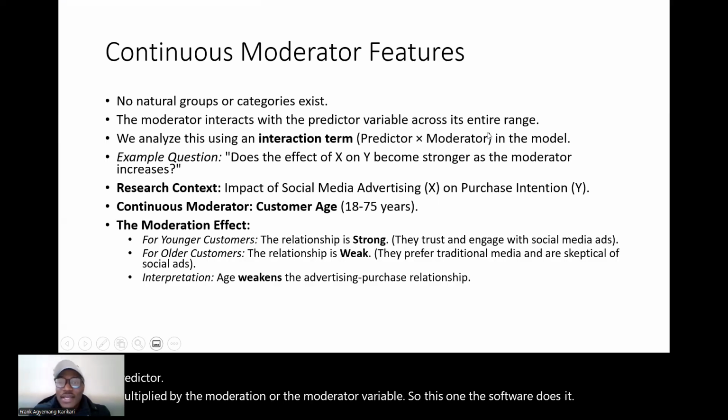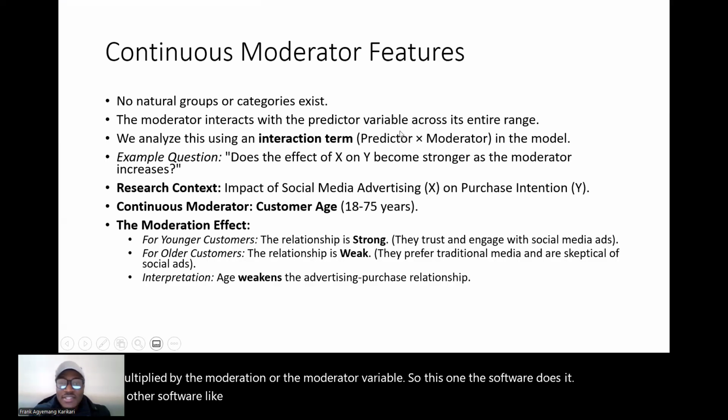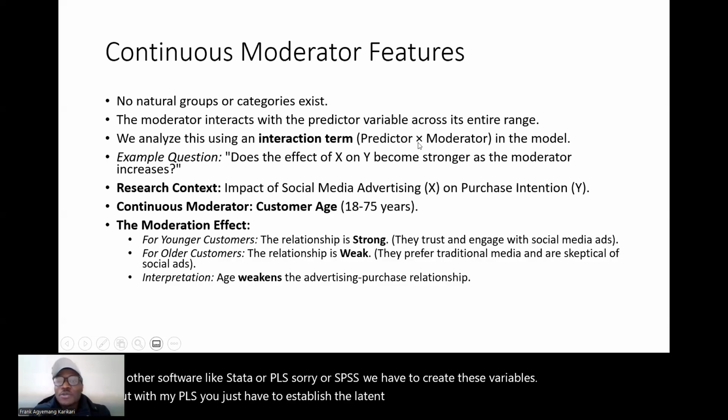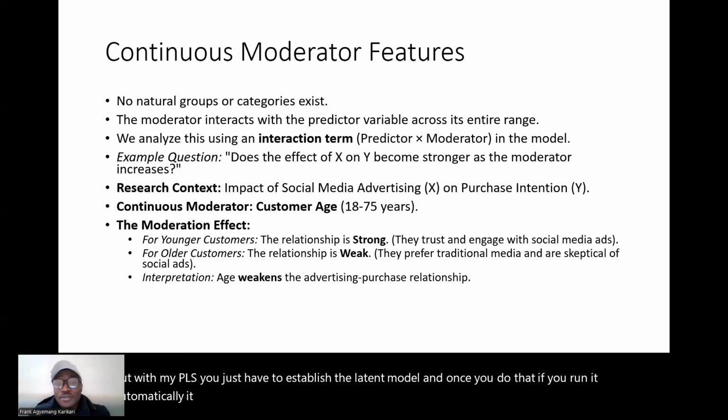In other software like Stata or SPSS, we have to create these variables. But with Smart PLS, you just have to establish the latent model, and once you run it, it automatically creates this product for you by multiplying the predictor variable by the moderator variable.